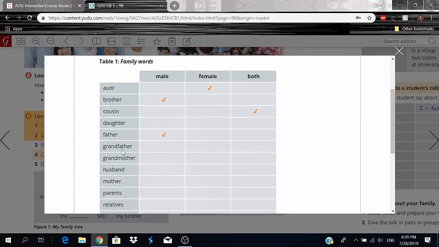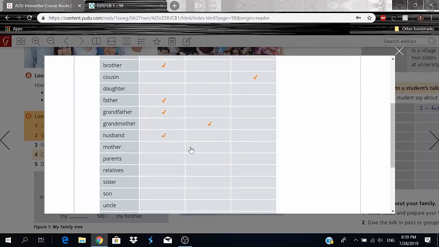Here we have father, obviously male. Grandfather, male as well. Grandmother, female, easy. Husband is male, right? Mother is female. Parents, when I'm talking about parents, I can use both because I didn't specify, okay?